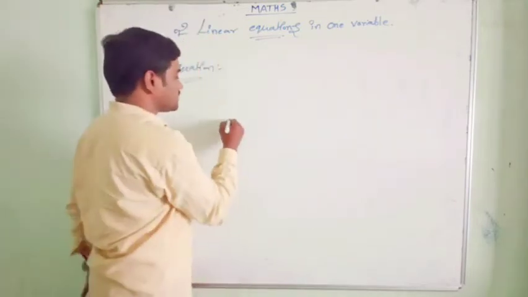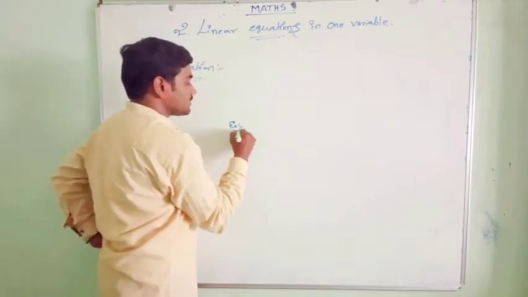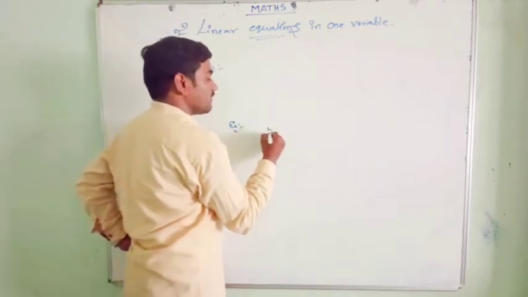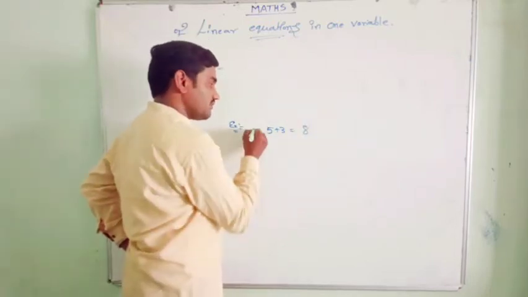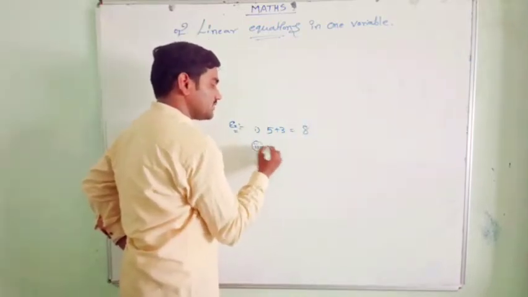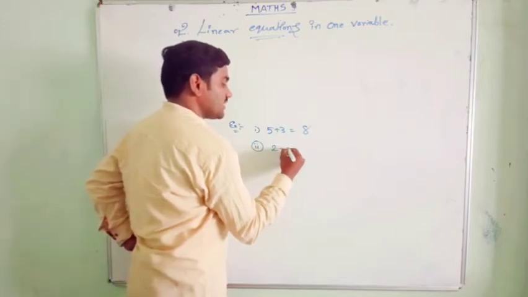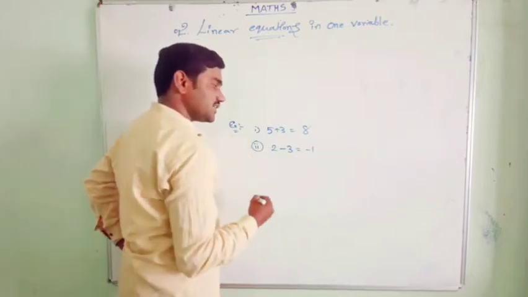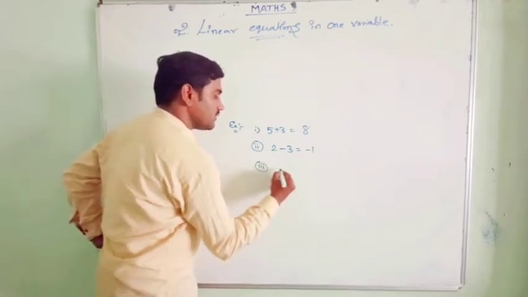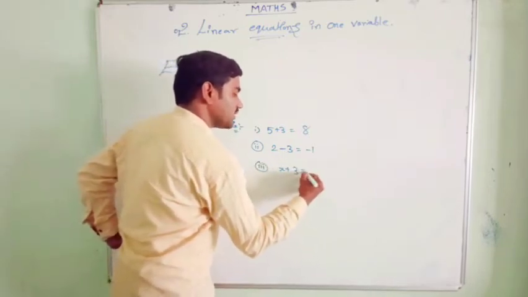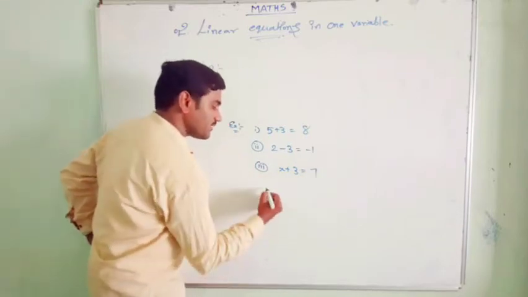Let me write some examples here. Suppose 5 plus 3 equal to 8. Is it an equation? Let us see. 2 minus 3 equal to minus 1. Is it an equation? Then see the third one: 2x plus 3 equal to 7. Is it an equation or not?